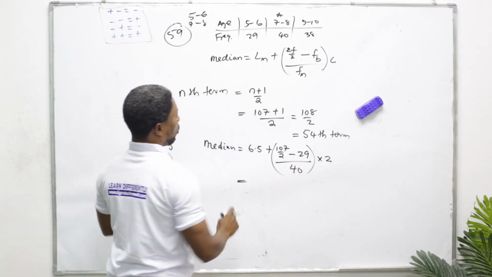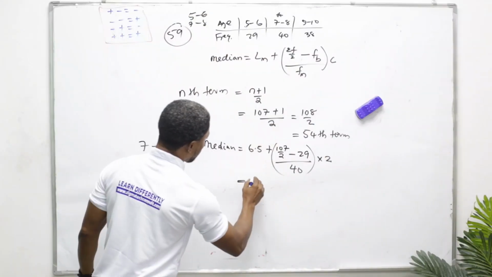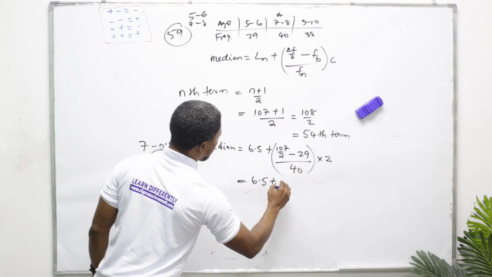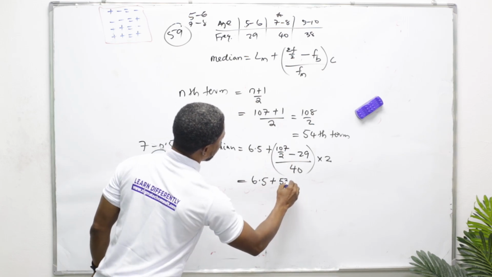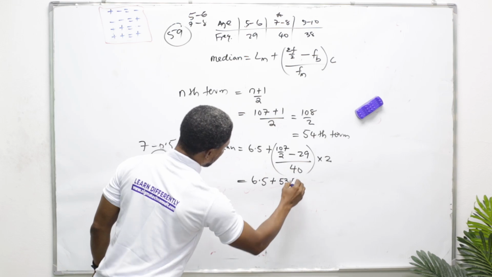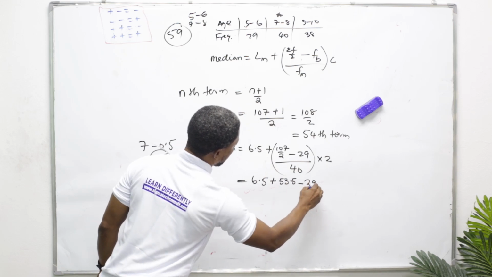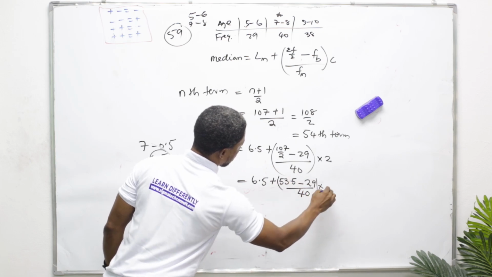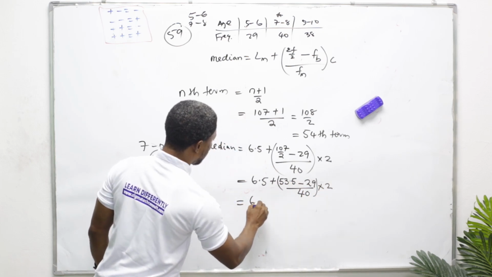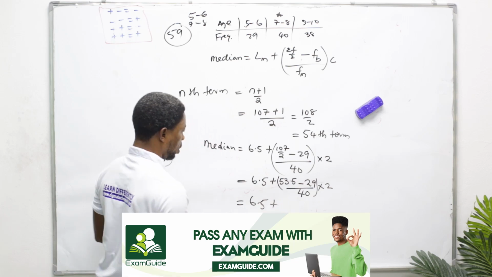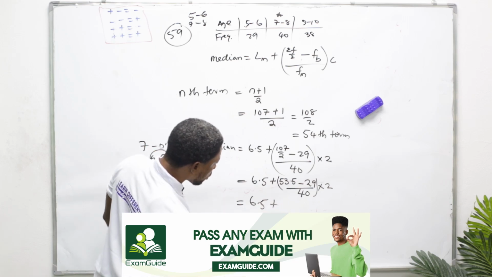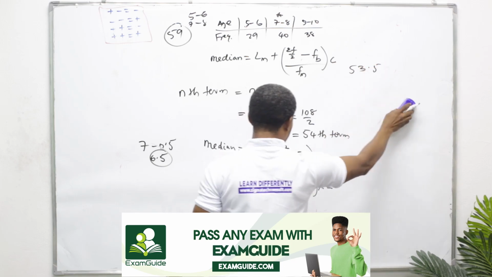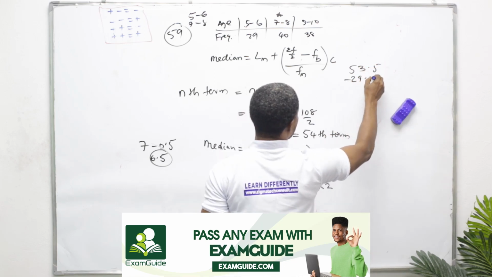So let's solve. This is now 6.5 plus, divide here, this will give you 53.5, minus 29, all over 40 times 2. So now subtract 53.5 minus 29.0.